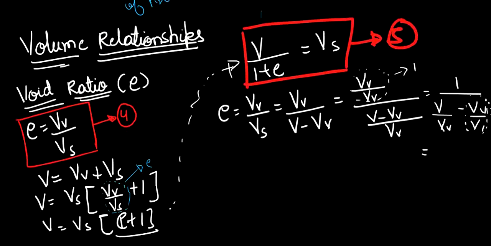So I will be getting 1 upon V upon Vv minus 1.